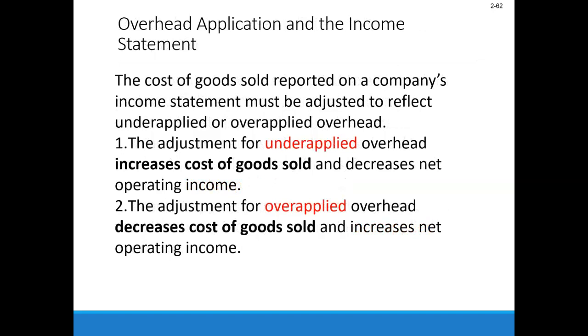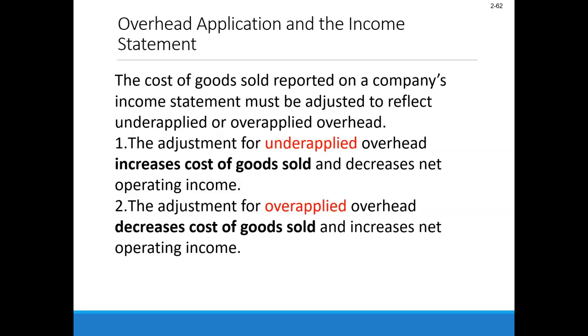The cost of goods sold reported on a company's income statement must be adjusted to reflect what we've either underapplied or overapplied. The adjustment for underapplied overhead will increase cost of goods sold, which ultimately reduces our net income. But if we've overapplied our manufacturing overhead, then when we adjust it, it will decrease our cost of goods sold, which ultimately increases our net income.